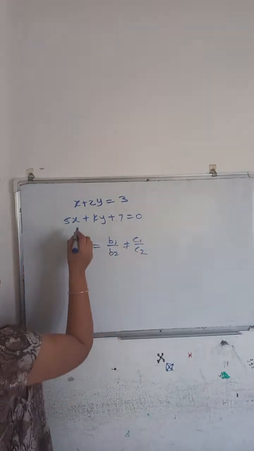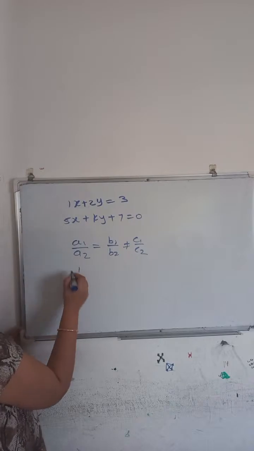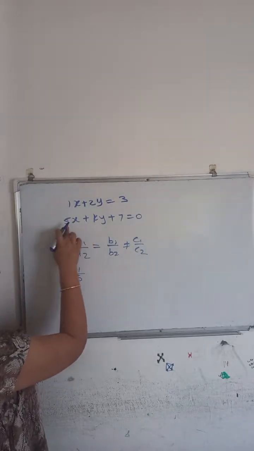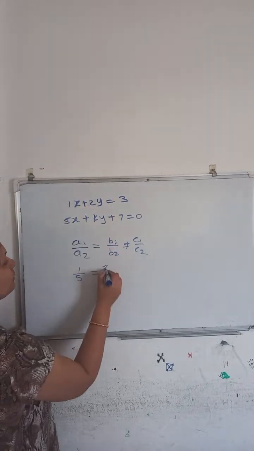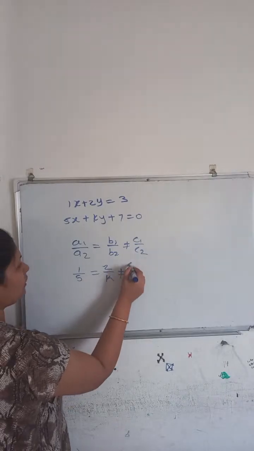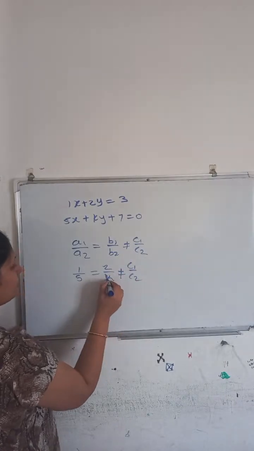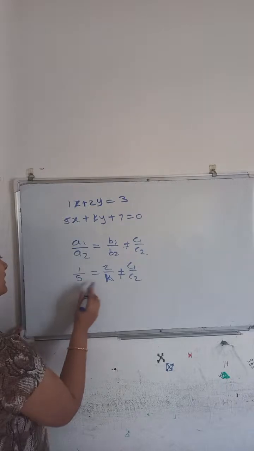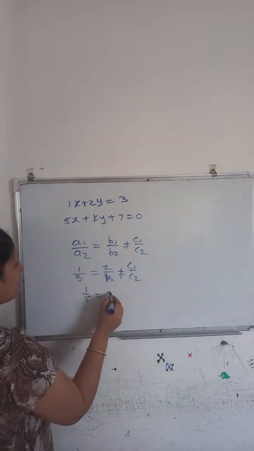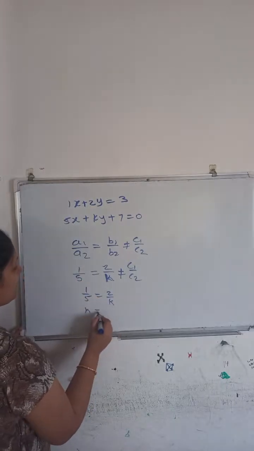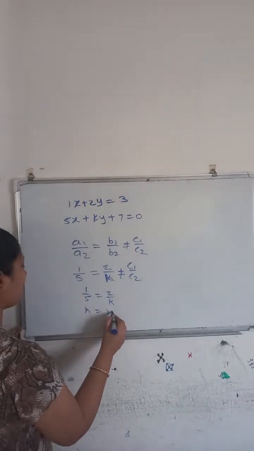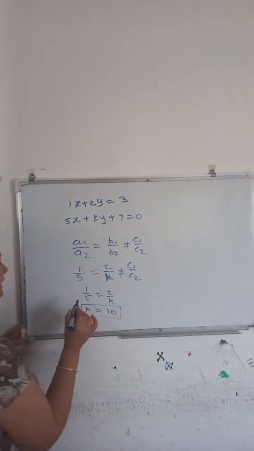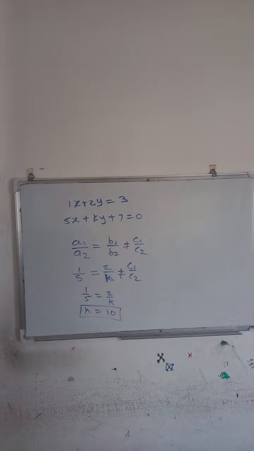So A1, coefficient of x, is 1 and coefficient of this x is 5, is equal to 2 by k, is not equal to C1 by C2. Here you can take only 1 by 5 is equal to 2 by k. So k is equal to 10. So the value for k is 10 here.